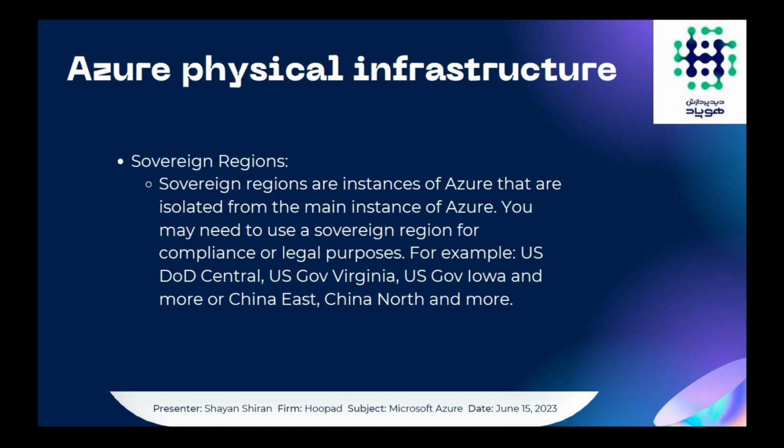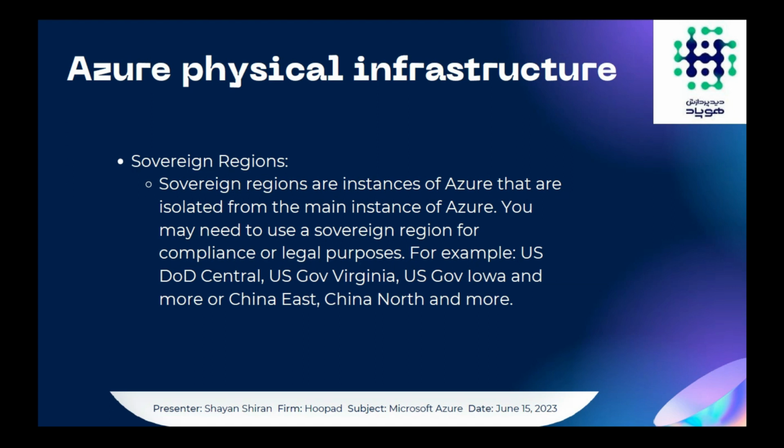We have another concept called sovereign regions. Sovereign regions are instances of Azure that are isolated from the main instance of Azure, and you may need to use them for compliance and legal purposes.